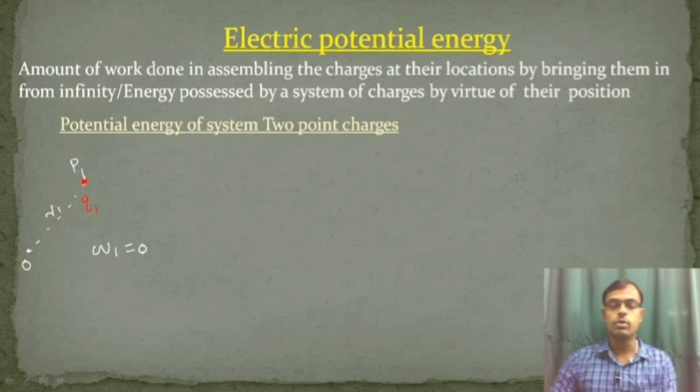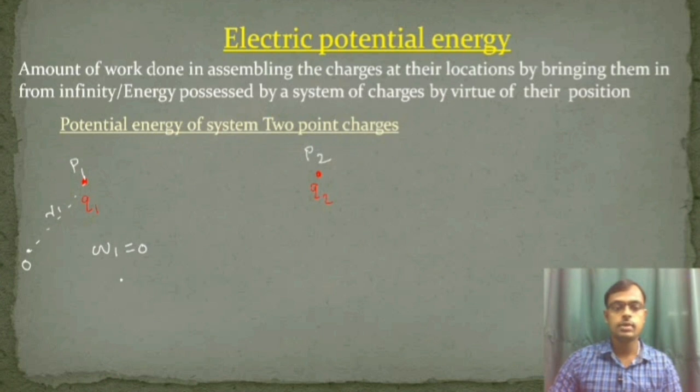Now think about bringing another charge Q2 to the position P2. Is there any work required? Yes, of course. Why? At position P2, there is a potential, or we can say there is an electric field due to the Q1 charge.